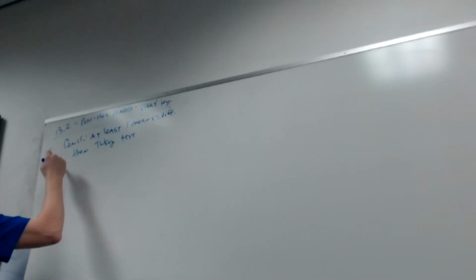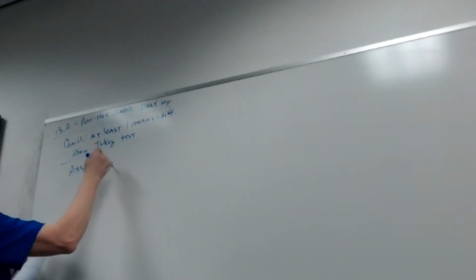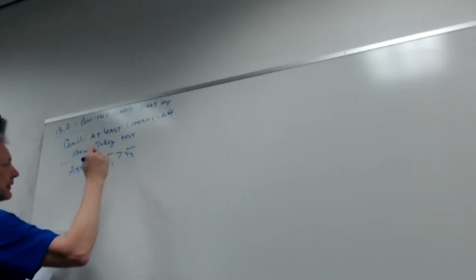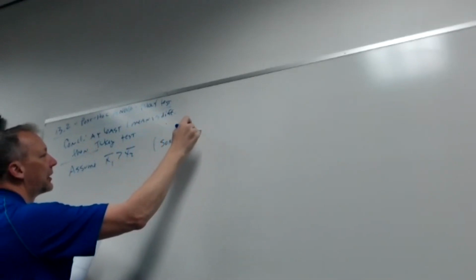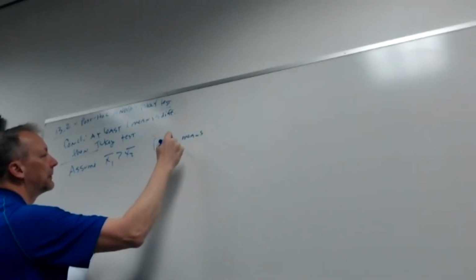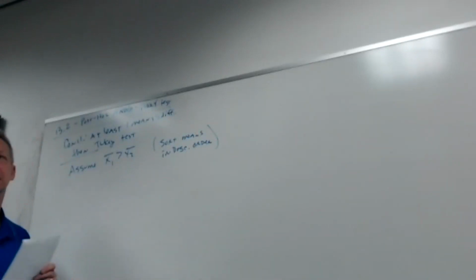Now, here's the deal. We're going to assume that x1 bar is greater than x2 bar. So really you need to sort your means in descending order. That's an important piece.